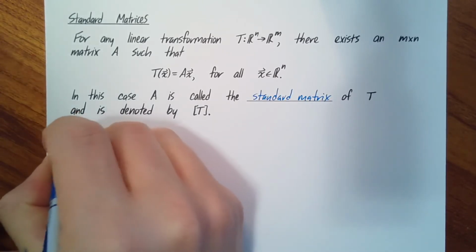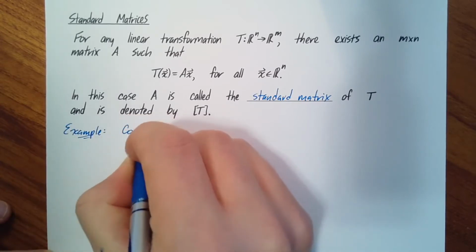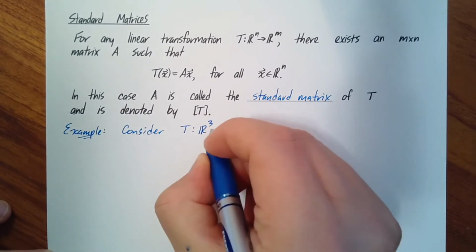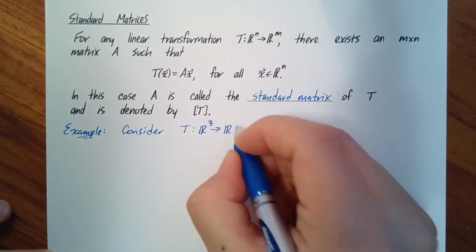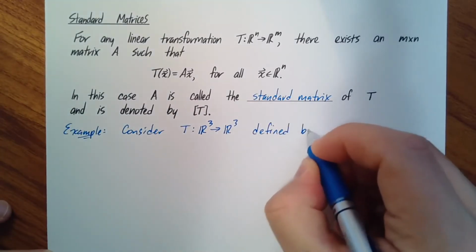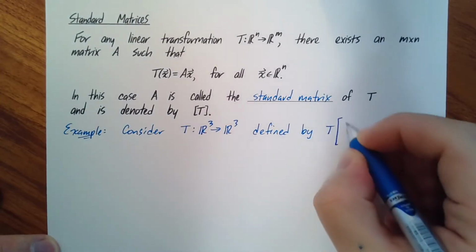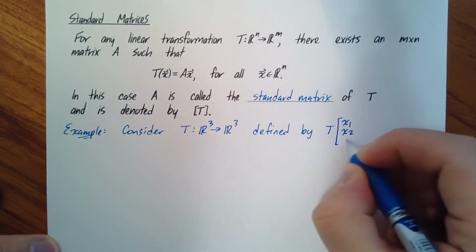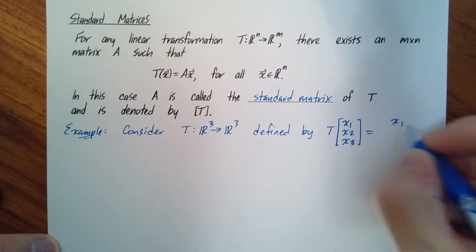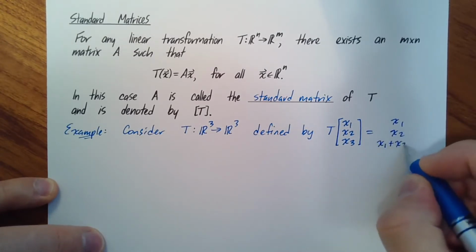Okay, so let's look at an example. In fact, I mentioned the previous example, so let's take a look at that one. Consider the linear transformation that goes from R3 to R3, defined by the following rule: T of x1, x2, and x3 is equal to x1, x2, and then the sum x1 plus x2 plus x3.